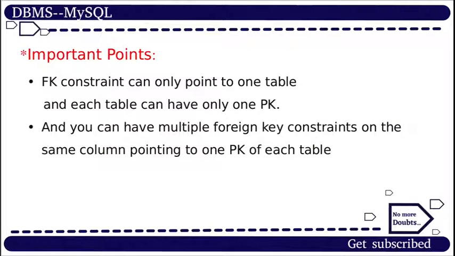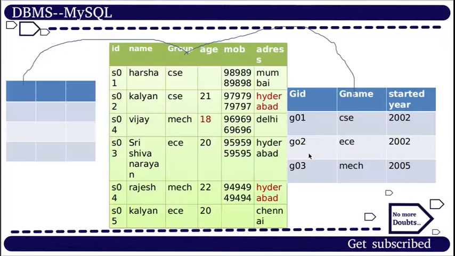Important points to remember with respect to primary key and foreign key: foreign key constraints can only point to one table, each table can have only one primary key, and you can have multiple foreign key constraints on the same column pointing to one primary key of each table.